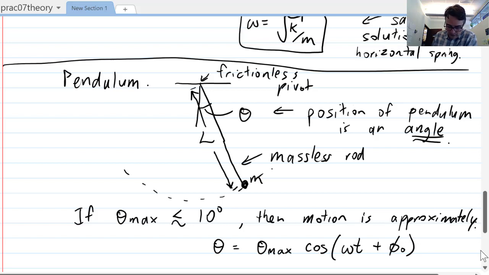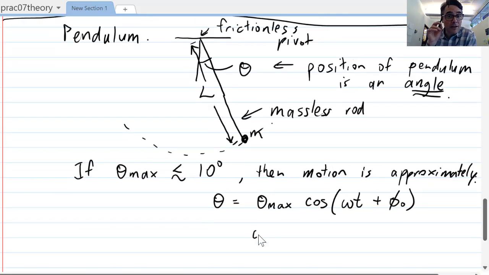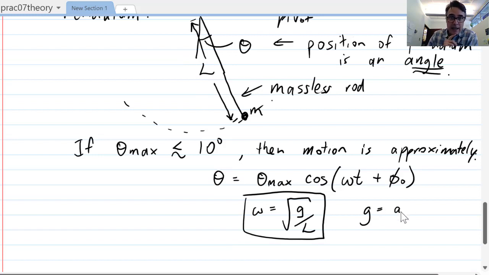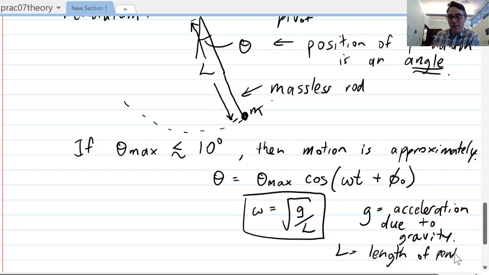So phi naught and theta max are determined by the initial conditions, and it turns out in this case that omega equals the square root of g over L, where g is the acceleration due to gravity and L is the length of the pendulum, and it turns out the mass doesn't matter in this case. So that's the basic theory behind this week's practical.